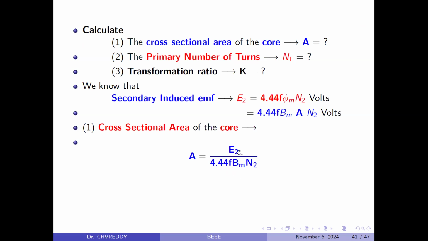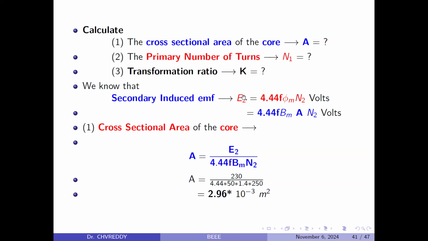If you substitute E2, F, Bm and N2 values, you will get A value. So E2 230 divided by 4.44, F value 50, Bm value 1.4 and N2 value 250. After simplifying this, you will get the cross-sectional area of the core as 2.96 into 10 to the power minus 3 meters square.